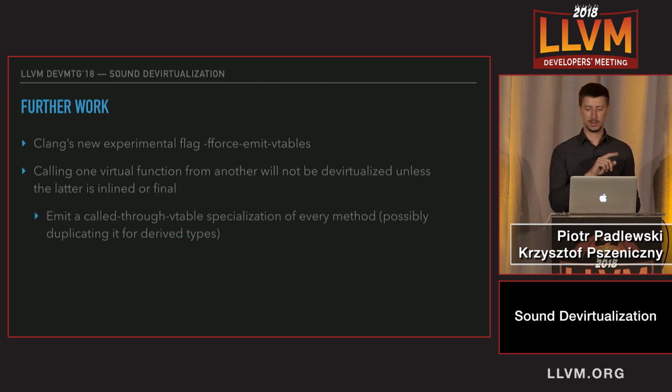So what we can do is specialize each of those functions, and this would mean that for some types that do not override one function, we would pretty much duplicate the code and change the implementation to call different functions.